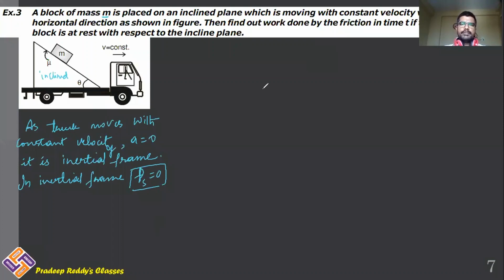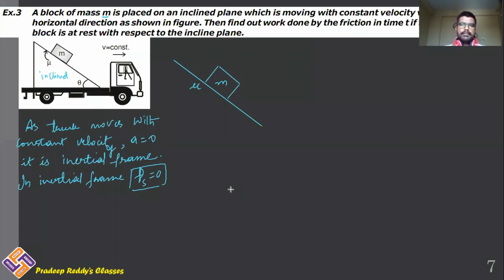When the block is in rest position, you want to find the work done. In order to find that, I'll take a free body diagram for the mass resting on the inclined plane. This is mass m, and the coefficient of friction is mu.